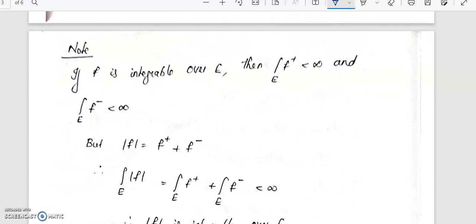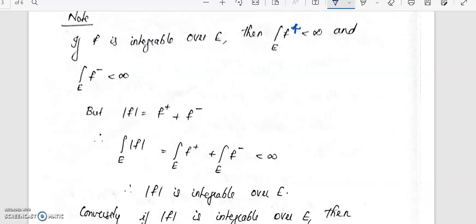Okay, so that is how we define the general Lebesgue integral. And now if f is integrable over E, we have seen integral f plus finite ആയിരിക്കും, integral f minus finite ആയിരിക്കും. Now by the representation we have seen, mod f can be written as f plus f minus. So integral over E mod f. So mod f non-negative function ആണ്.